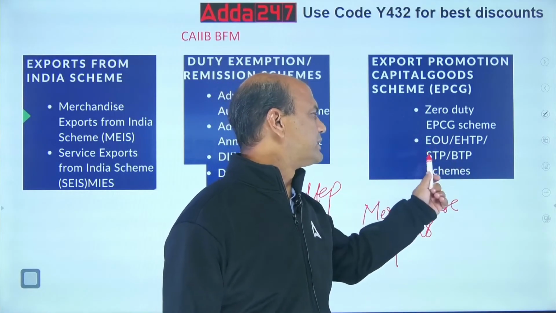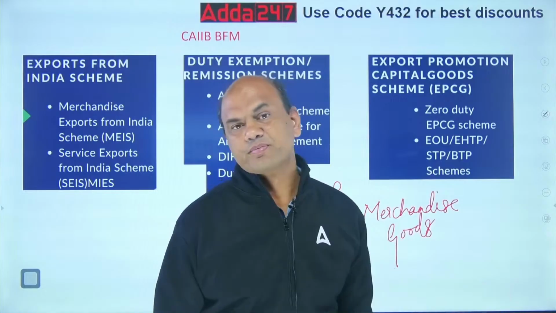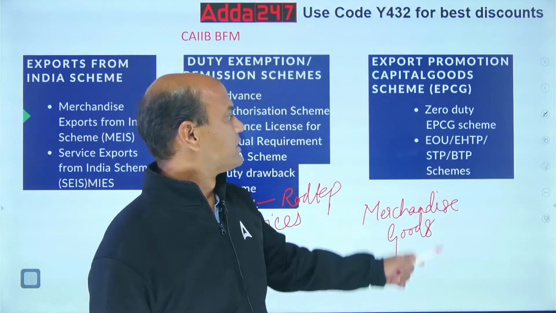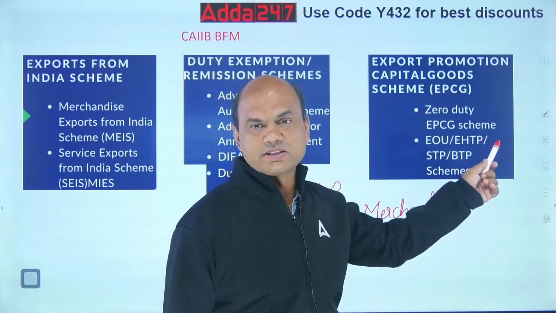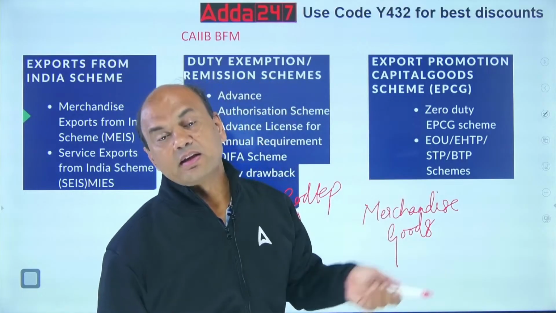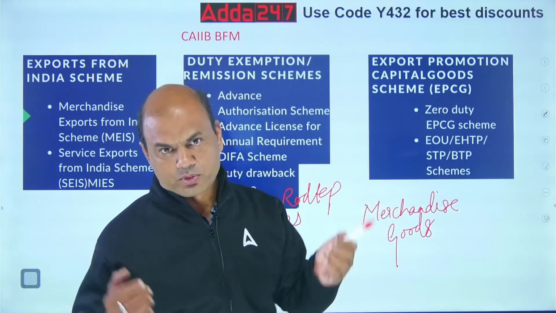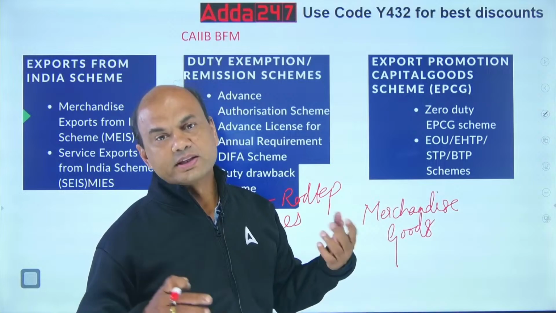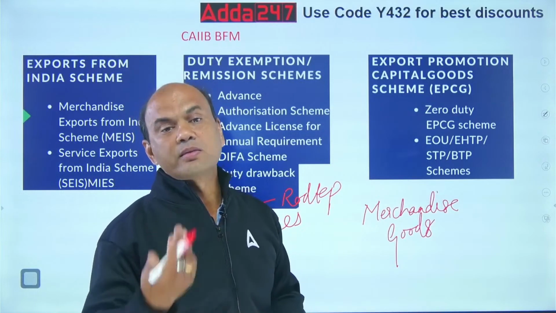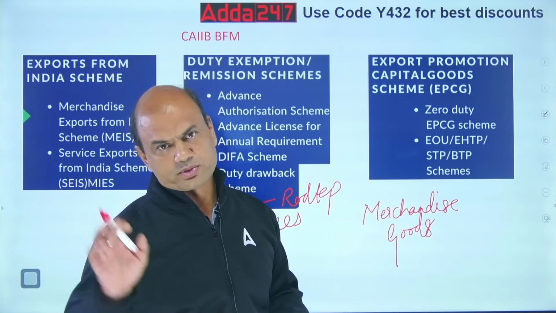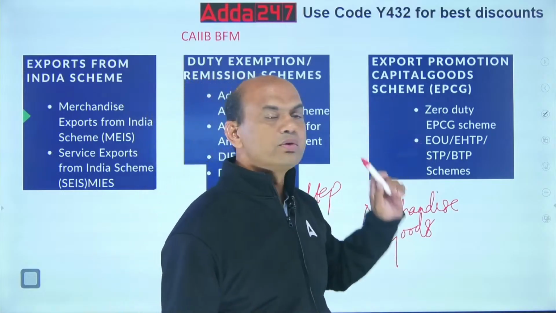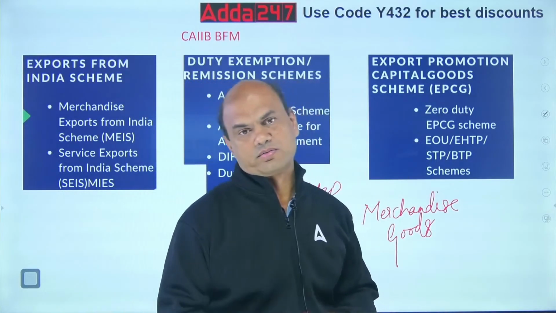EOU, EHTP, STP, BTP schemes. What are all these? Zero duty EPCG scheme, already we have discussed that capital goods whenever they are imported, government gives you exemption so that you make the production and export it outside. What is this EOU? Export oriented unit.